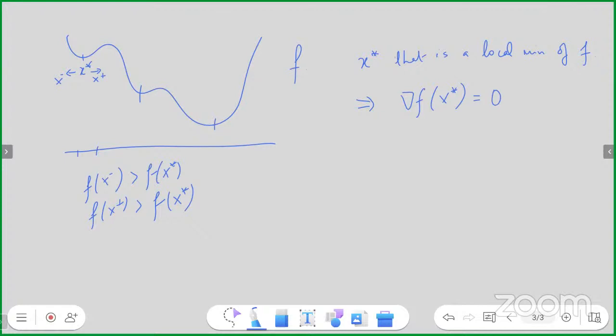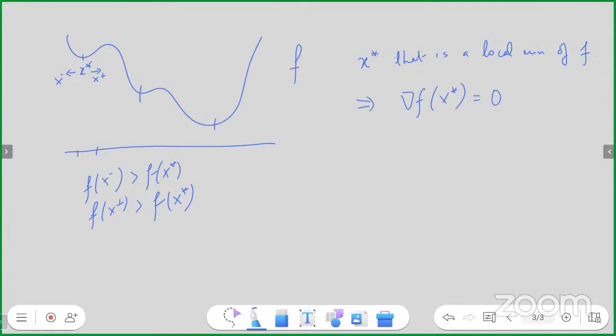From there we can just see that f of x star plus epsilon minus f of x star, divided by epsilon, equals grad of f of x star. But this is in one direction. From the other direction also, with x star minus epsilon.